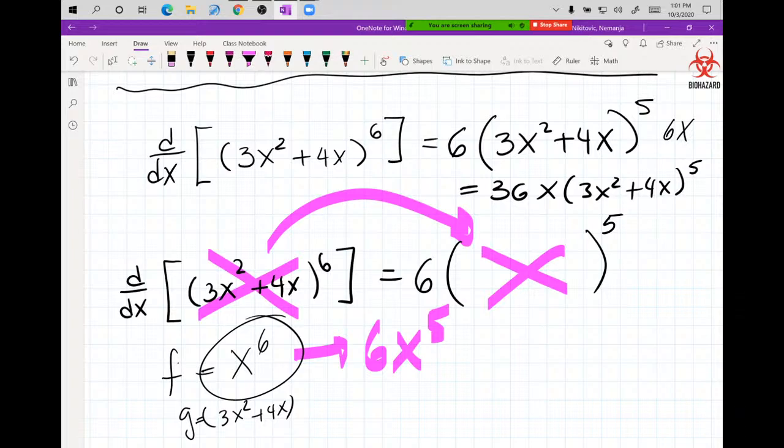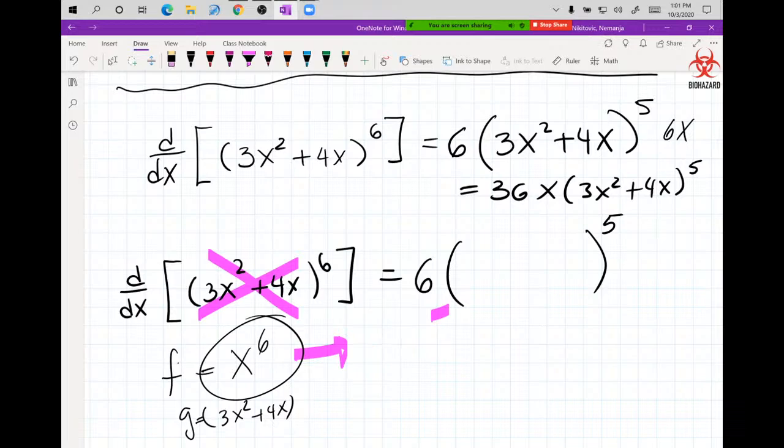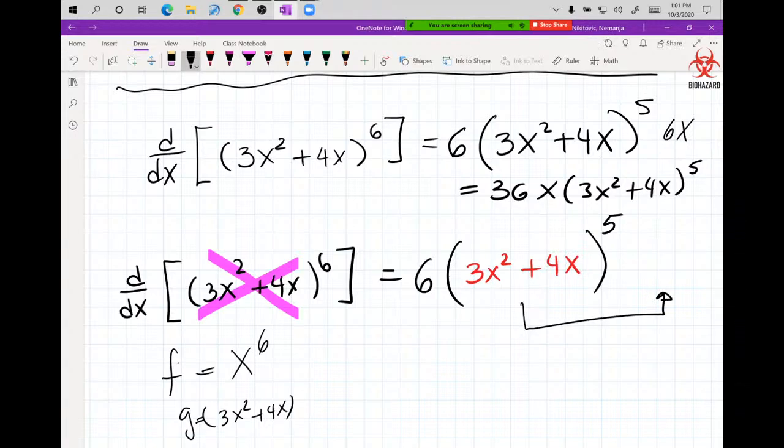Now this x inside was this entire mess. So that's what I am going to plug in: 3x squared plus 4x. And then I take the derivative of the inside, which I copied. Oh, it's 6x plus 4.